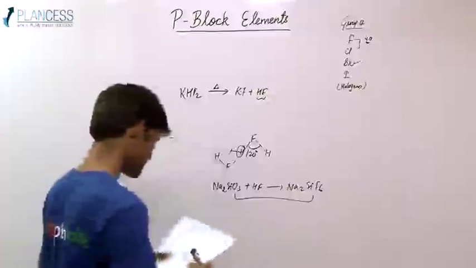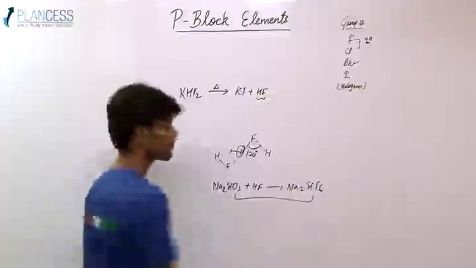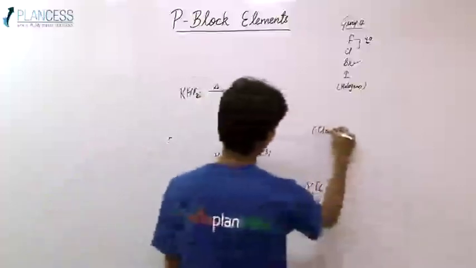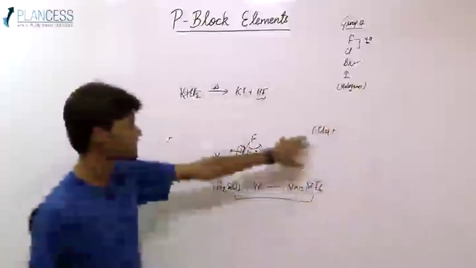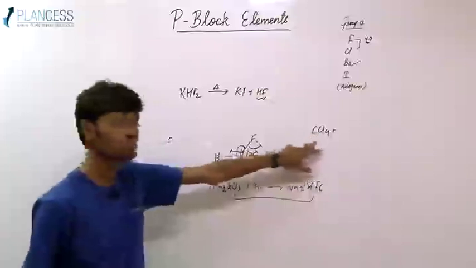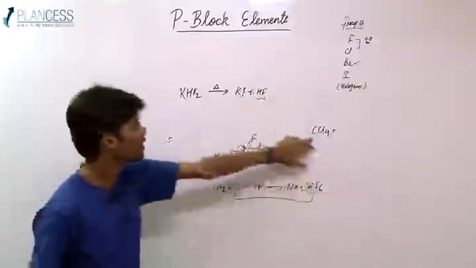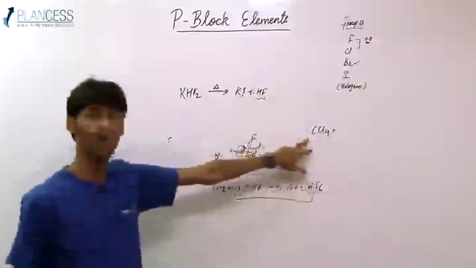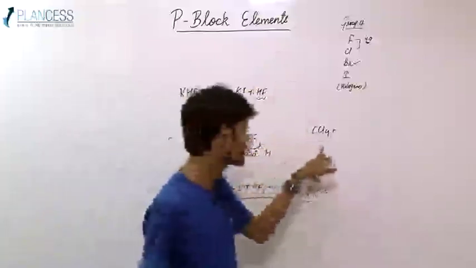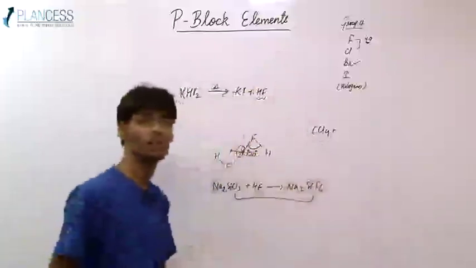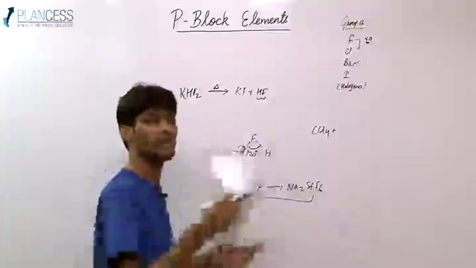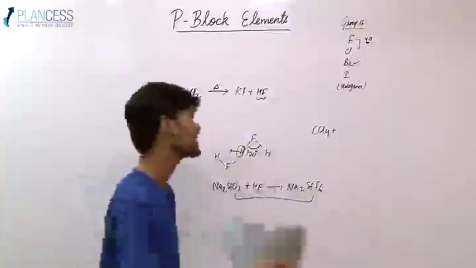Now HF reacts with CCl4 to form freons. One thing to notice is that CCl4, SiCl4, GeCl4, all the other tetrachlorides undergo hydrolysis. However, CCl4 doesn't undergo hydrolysis because it has no vacant d orbitals in which the nucleophile, I should say Lewis base, can attack.